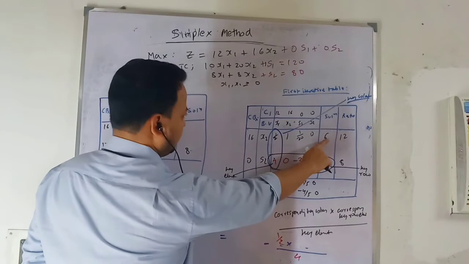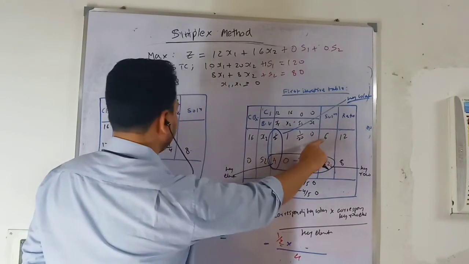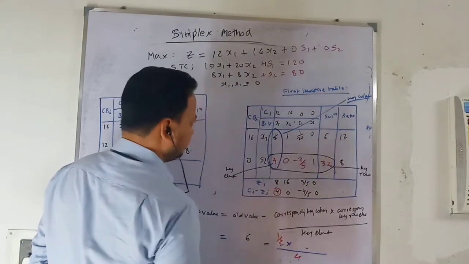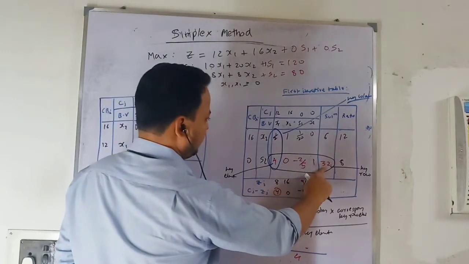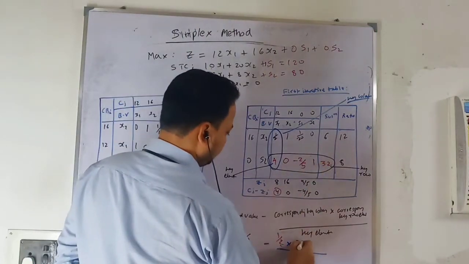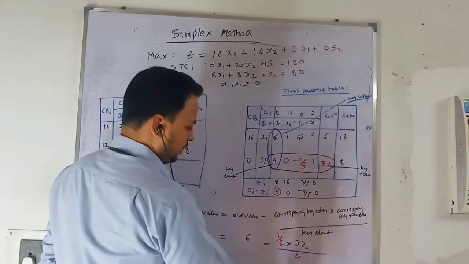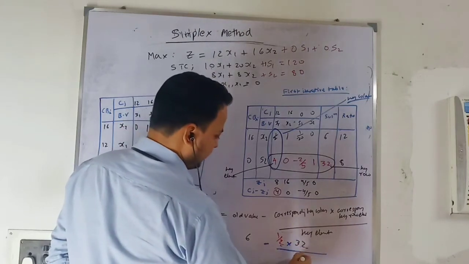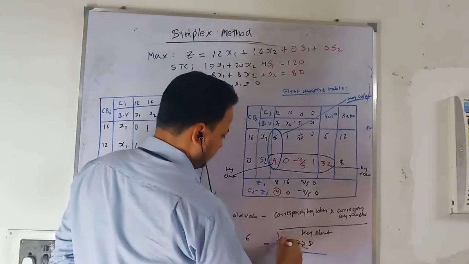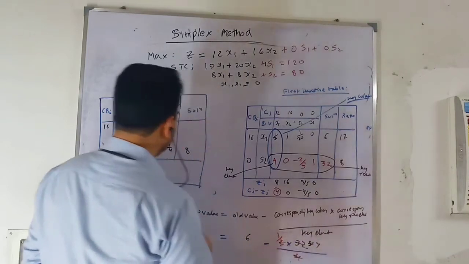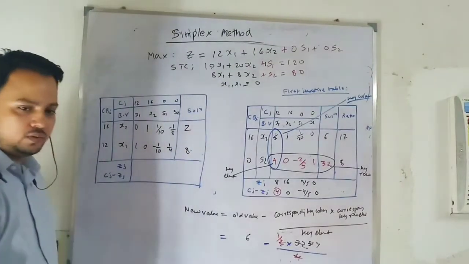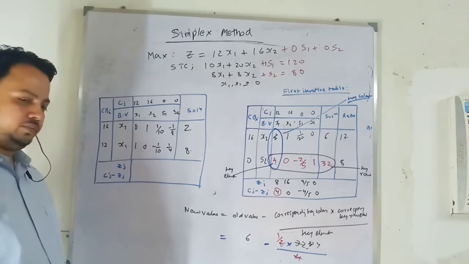Okay, I have to find the new solution value for x2. Okay, so on value is 6. Okay, corresponding row value is 32. Column value is 1 by 2 and 4. So you will cancel this out. 8. Then it is 4. So 6 minus 4, it will be 2. Okay.